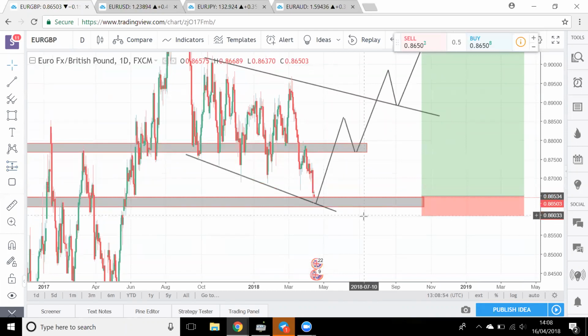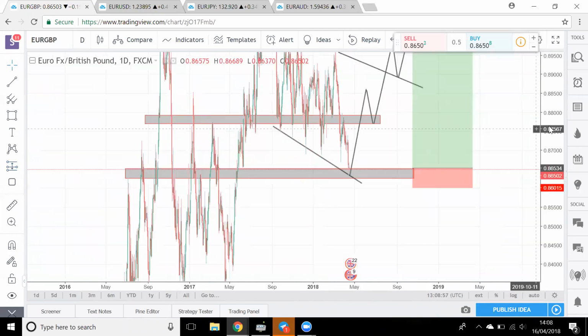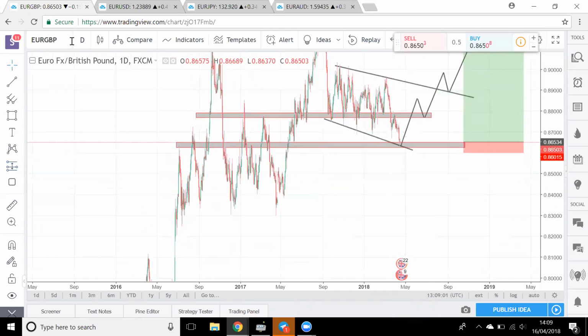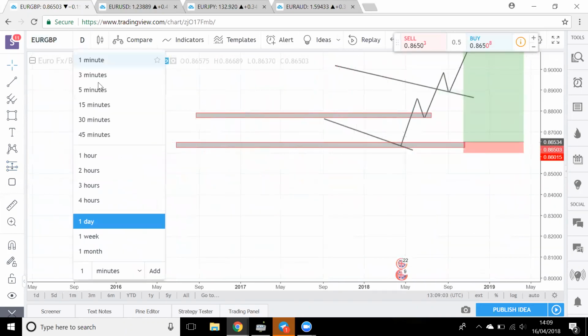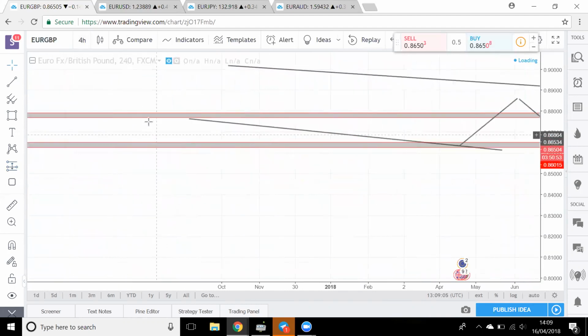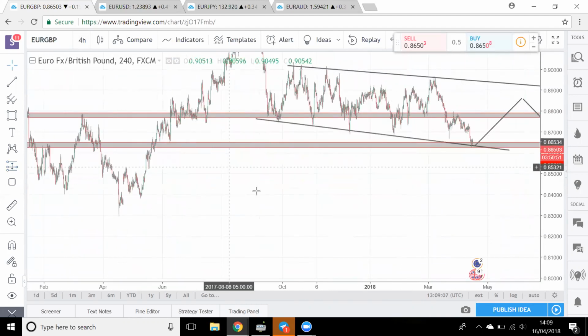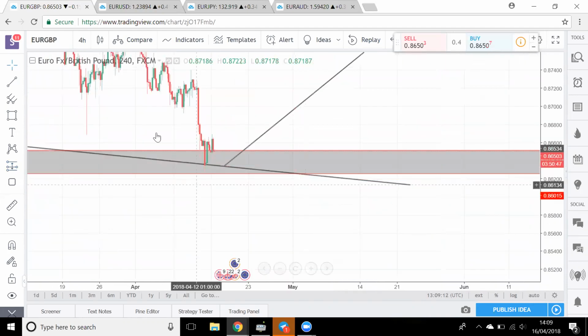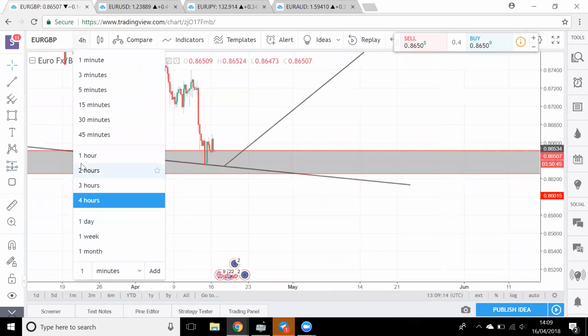That's not a bad stop loss area, but if we go into the lower time frame, I'll show you. So we have this kind of rejection.